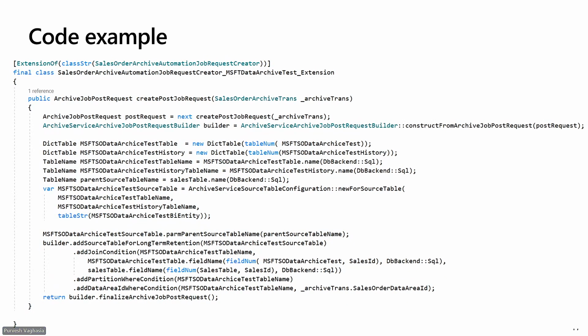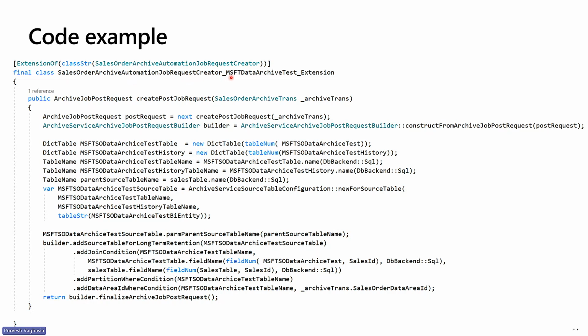Thanks, Ajay. So here is a code snippet, a small piece of the code that needs to be added in your solution using the extension of the Archive Automation Job Request Creator class. For the sales order scenario, we have the class that has been created for the sales order Archive Automation Job Request Creator.